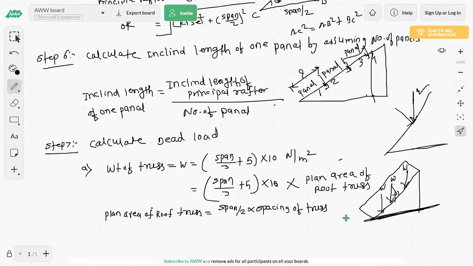Plan area is nothing but this span by 2, it means this length, span by 2 into spacing of truss.